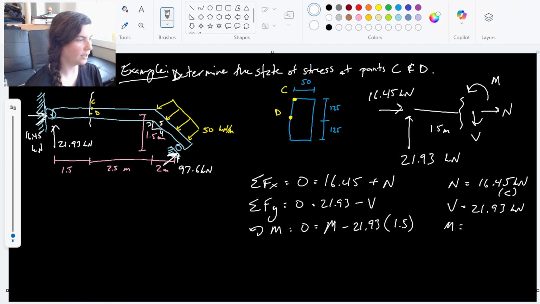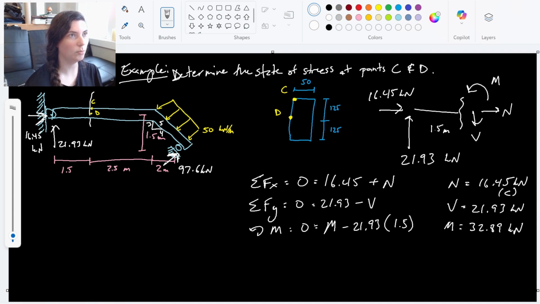I punch that in the calculator to get my moment value of 32.89 kilonewtons. Right, so I have all three of these components working on this beam.